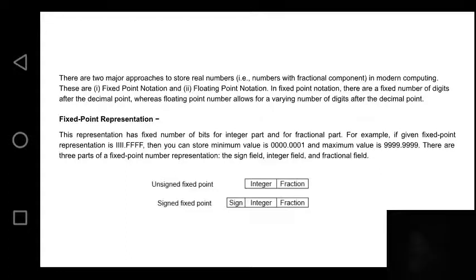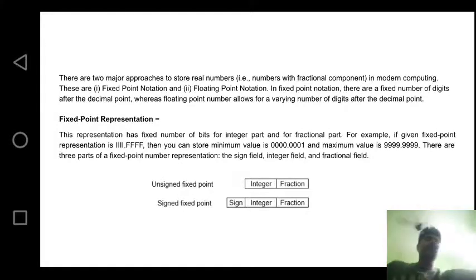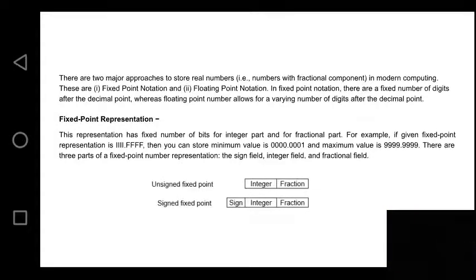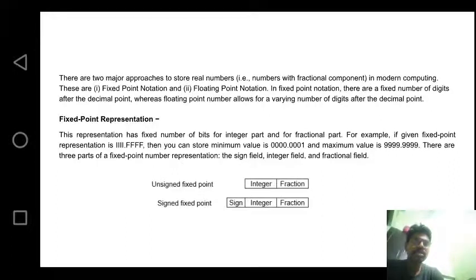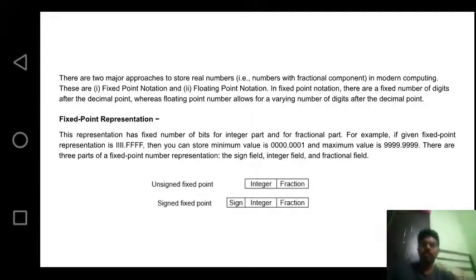And the next point is, there are two major approaches to store the real numbers, that is numbers with a fractional component in modern computers. One is fixed point notation, another is floating point notation. What is fixed point notation?